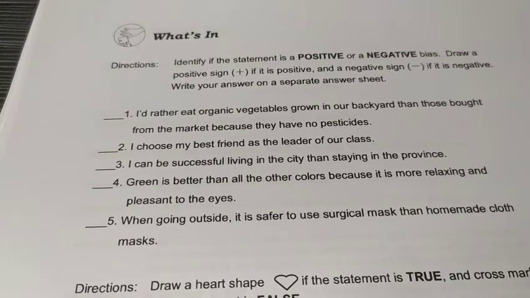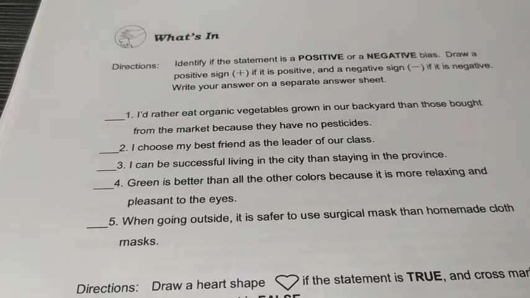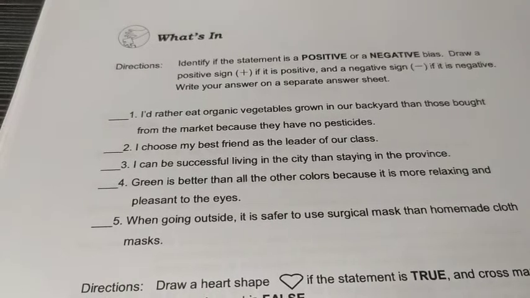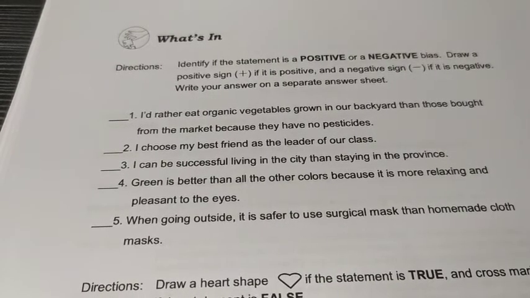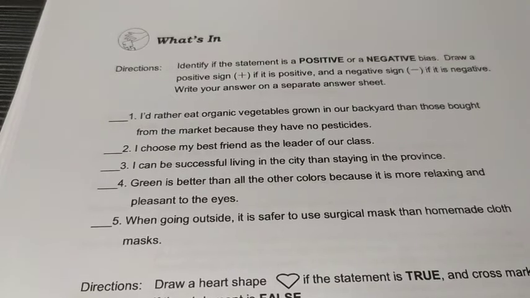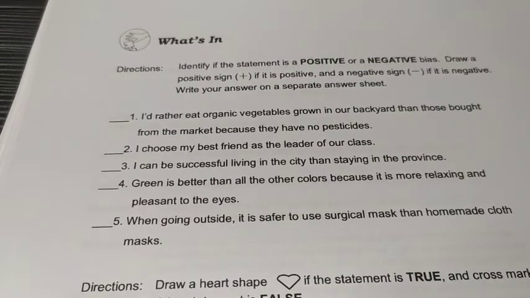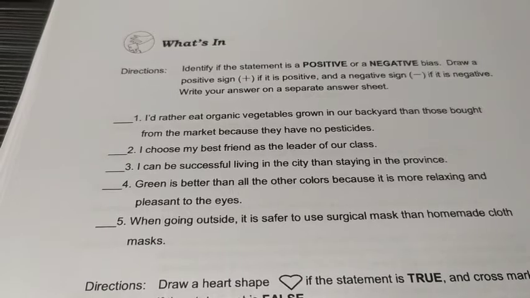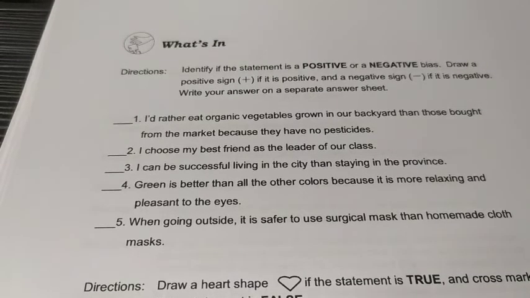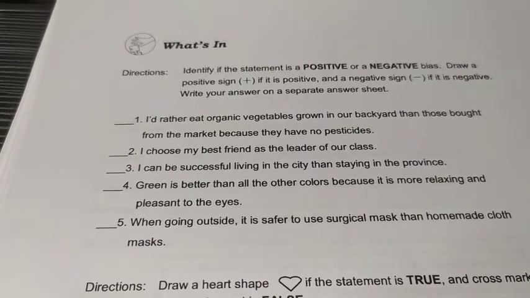You will identify if it's positive or negative bias. We had discussed last time in our previous module the differences between positive and negative bias. So you will draw a positive sign like an addition sign in mathematics, and a negative sign if it is negative.